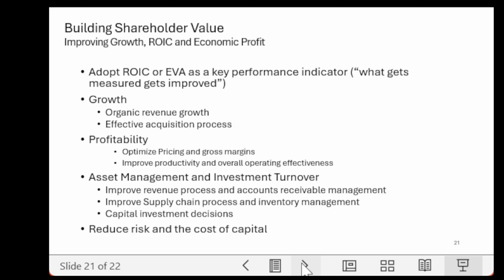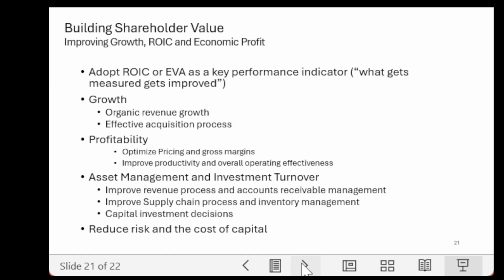Growth is very important, so you can have organic revenue growth, you can have an effective acquisition process. Profitability obviously impacts this equation. Asset management and investment turnover, and this is a real benefit of these two measures because when we consider the capital employed in the business, then we're incentivized to improve the underlying business processes and reduce the level of capital we have tied up in things like receivables and inventory, and also evaluate very clearly and understand the implications of capital investment decisions.